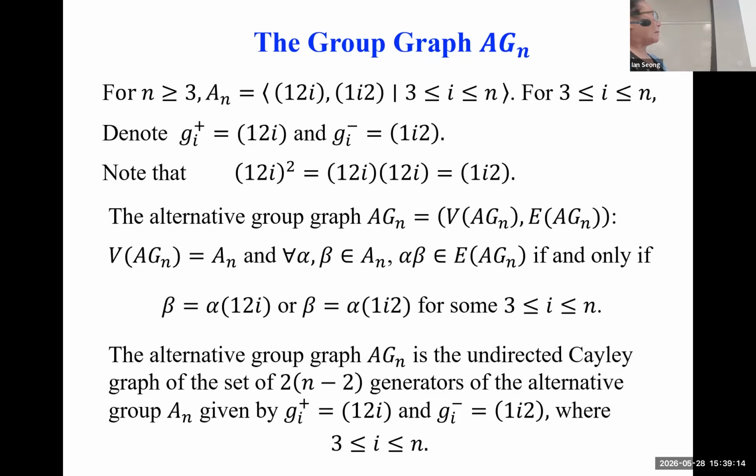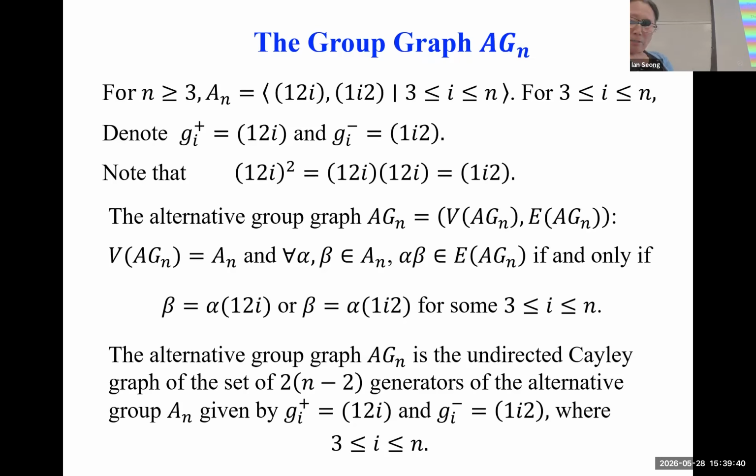Okay, and actually you can look at the generating set. These two types of 3-cycles, (1 2 i) or (1 i 2), can generate the whole alternating group. Note that this generating set is not the smallest.